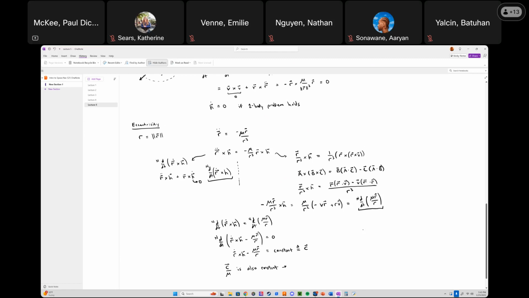This is where it gets really fun. Velocity crossed with h over mu minus r over r is some constant, which we're going to call E, the vector. This is eccentricity.